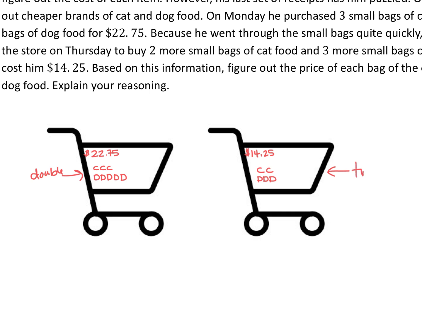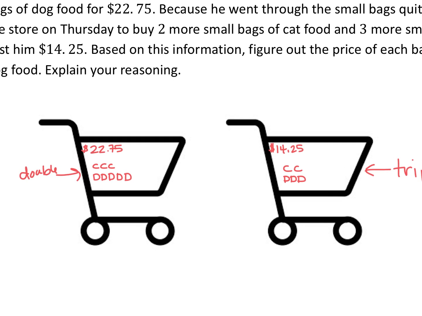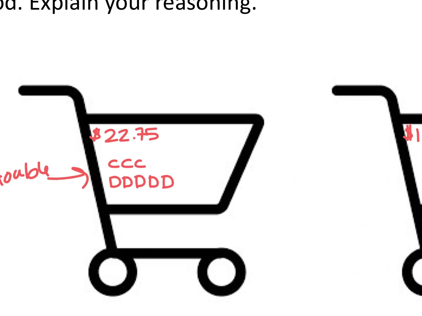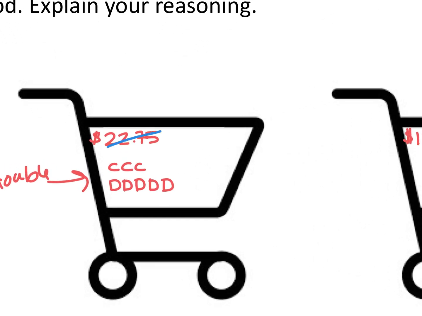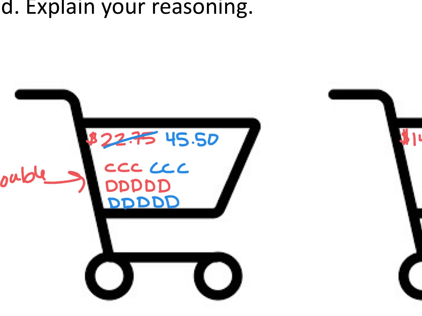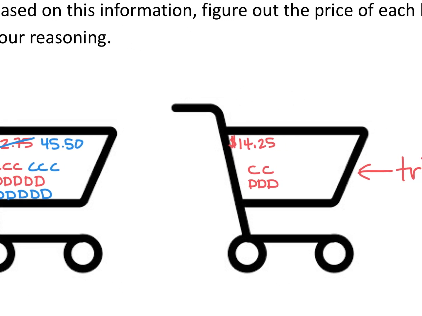So let's triple that one. If I do that, then the cost for the first one doubles. So this is going to be $45.50. I'm going to have 6 cat bags and 10 dog. And then let's go and triple this other one.